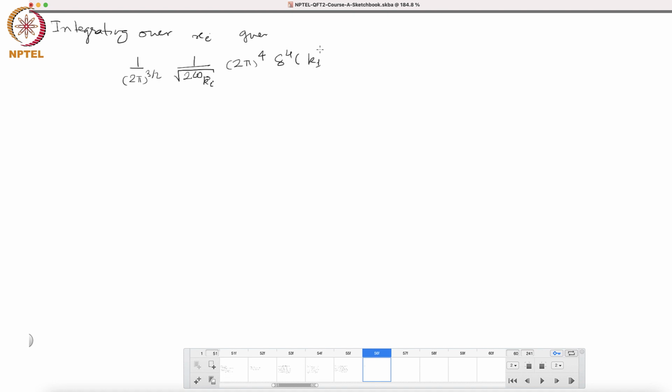I will write it as k1 prime minus k1. Okay. These are 4 vectors.